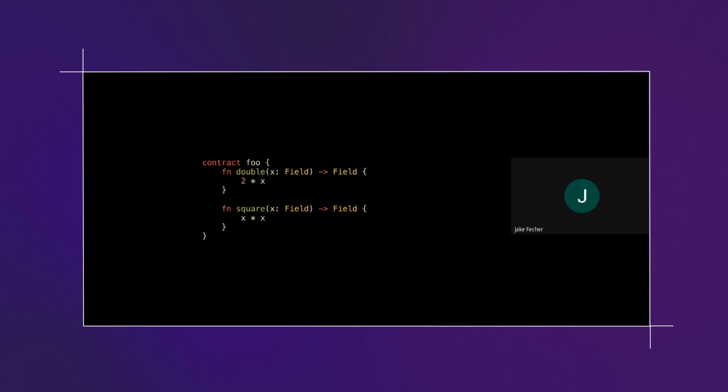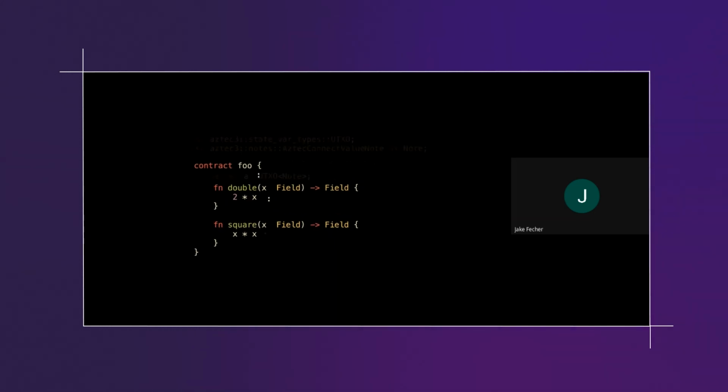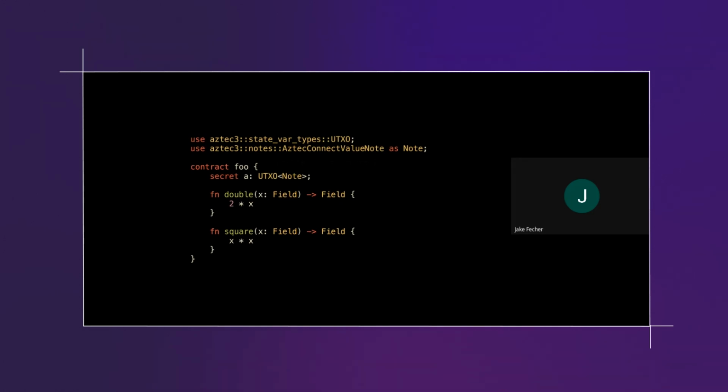All right, but right now our contract functions don't do anything specific to contracts, so let's start introducing some more logic. One thing that contracts can do that non-contracts cannot do in Noir is that they can have these global state variables. So let's add one, and let's call it A. A will be secret, as contrasted to a public global variable.